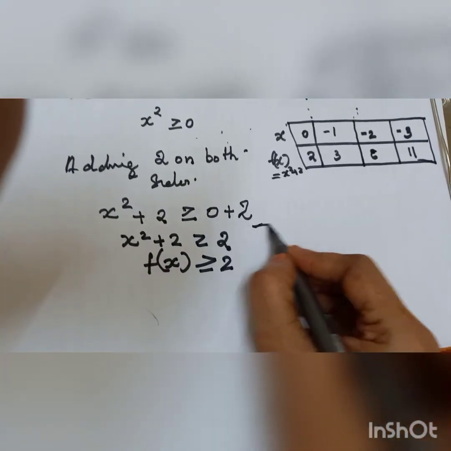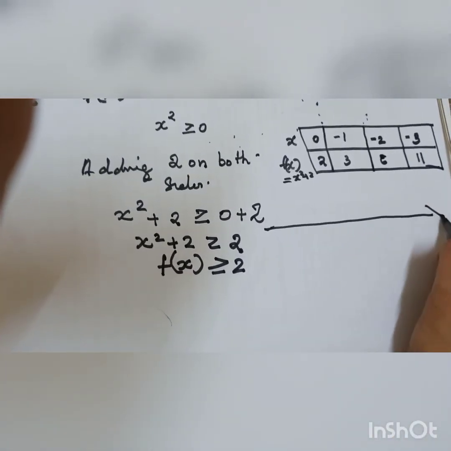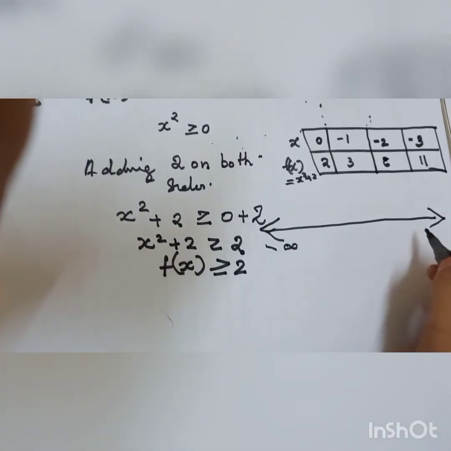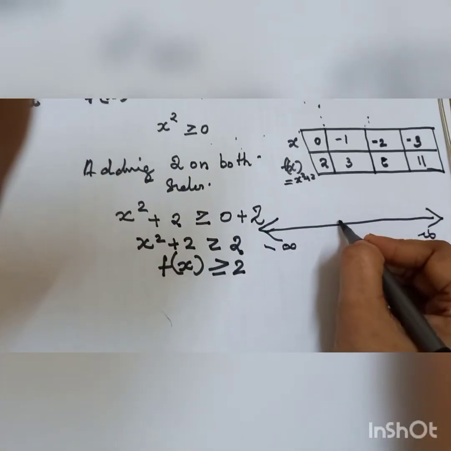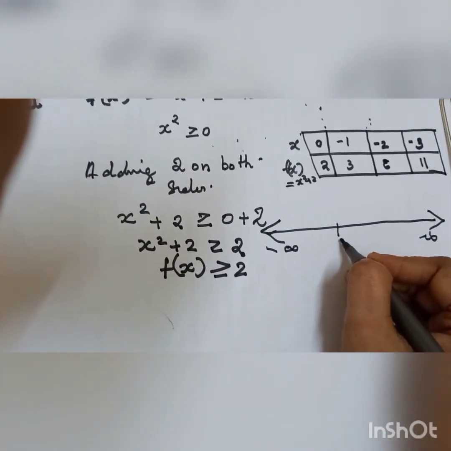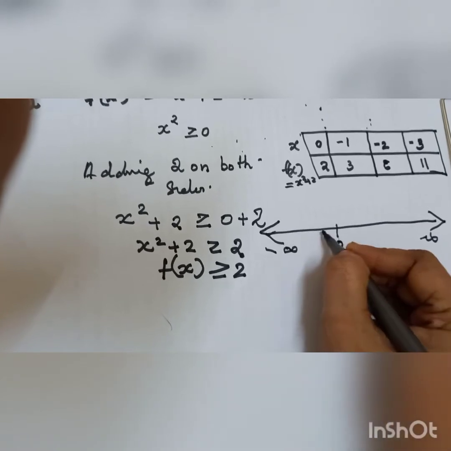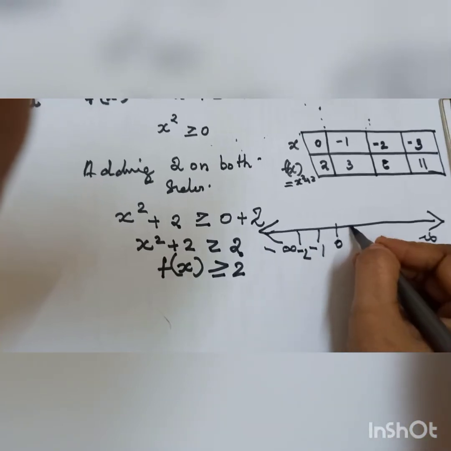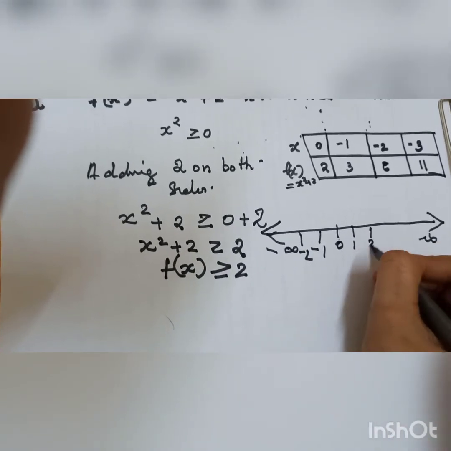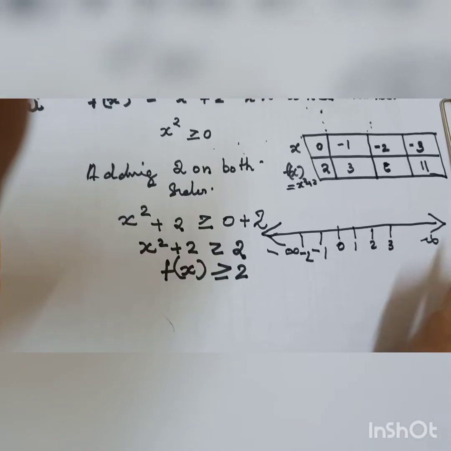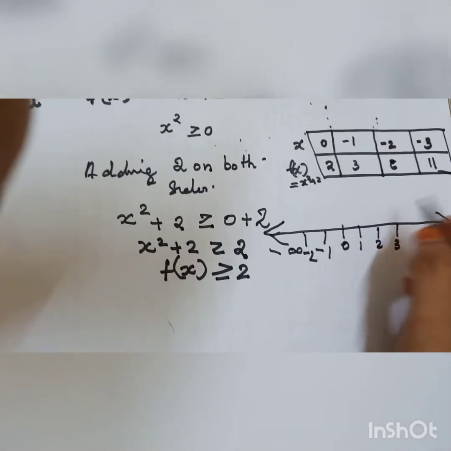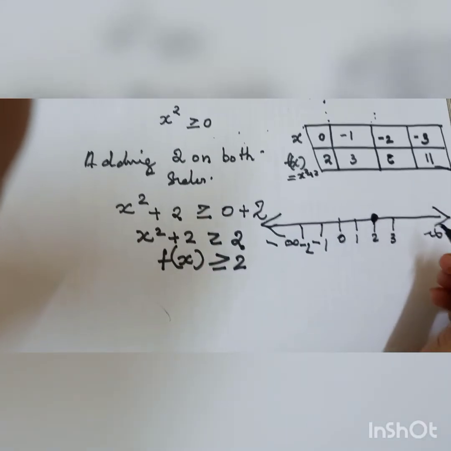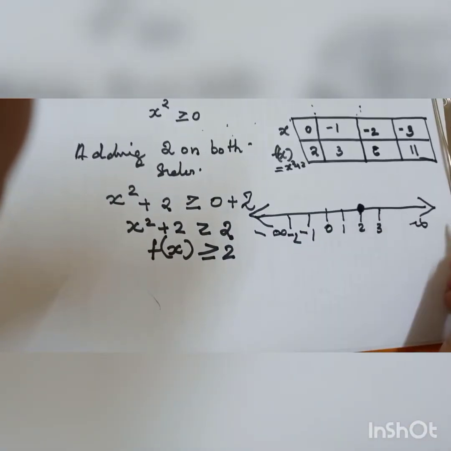How can we draw this on a number line? Minus infinity to infinity, with 0, minus 1, minus 2, and 1, 2, 3, etcetera, going on. It is a closed interval at 2 going to infinity.